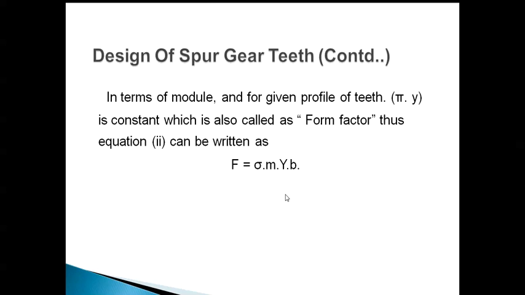So in terms of module, F equals sigma into m into pi into y into b. Here pi into y is called the form factor, that is equal to capital Y. So in terms of module, the tangential force at pitch point, F equals sigma into m into capital Y into b.